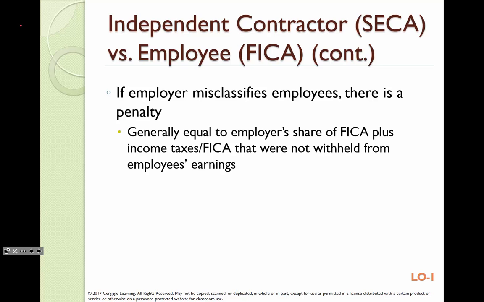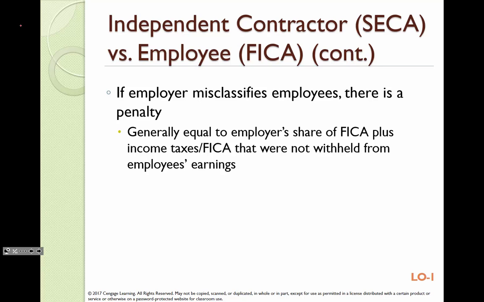In other words, if I'm calling you independent, what percentage are you paying of your coding wages? If I call you independent and I pay you $50,000 a year, what percentage of that are you paying? 15.3. What percentage should you have been paying? 7.65, and I should have been paying 7.65, right?